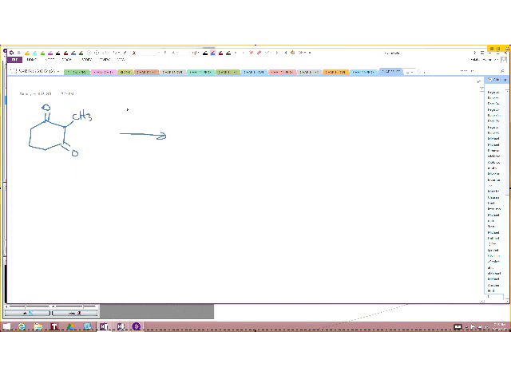If I do this, hydroxide or alkoxide, step 1, and then I add a Michael addition molecule, we made this already.